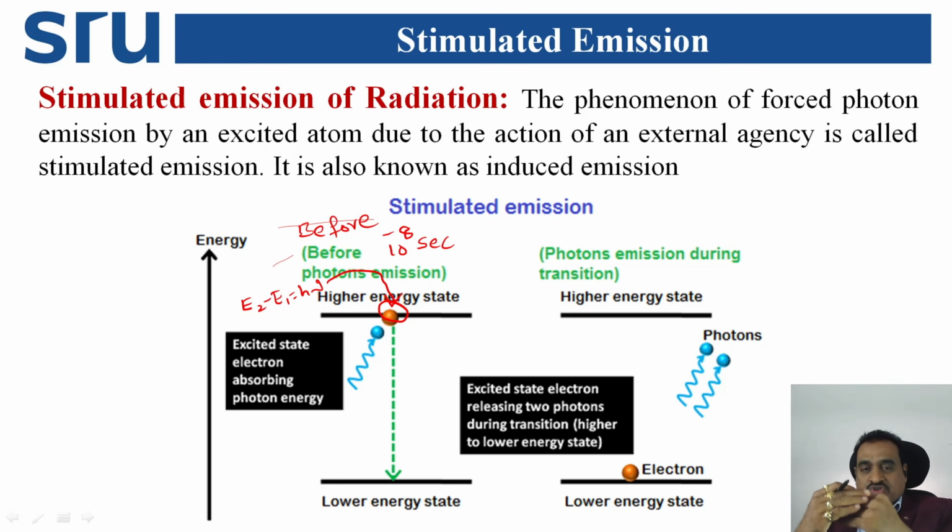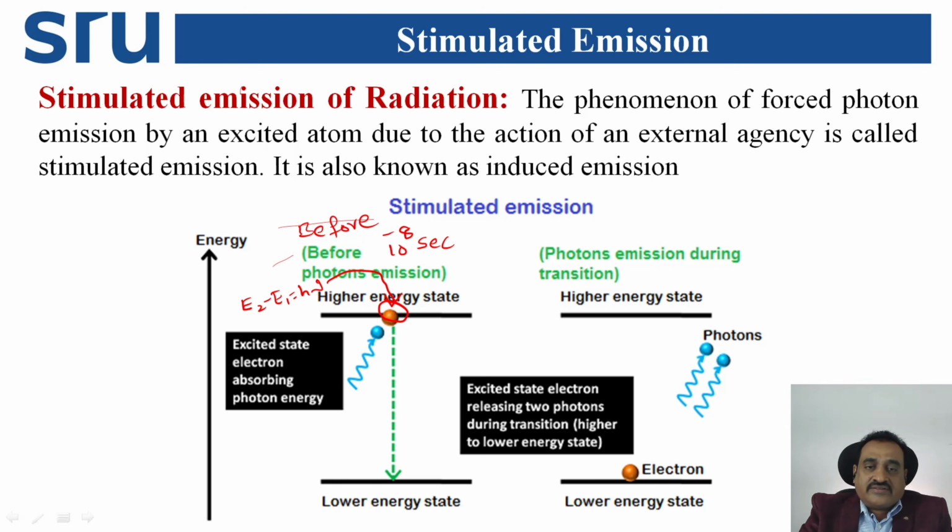This phenomenon is called absorption. In the excited state, the atom can stay up to 10 to the power minus 8 seconds. After that, the atom returns to the ground state by itself, emitting a photon, which is known as spontaneous emission of radiation.